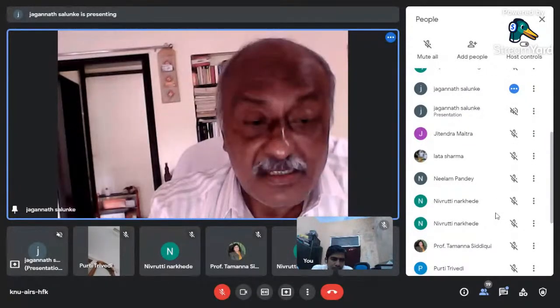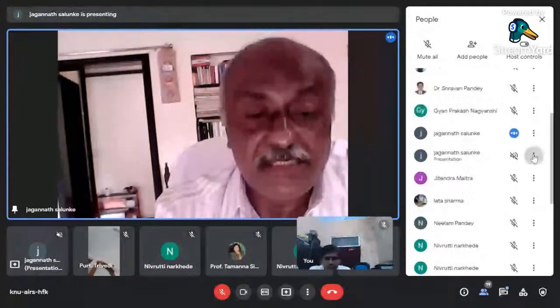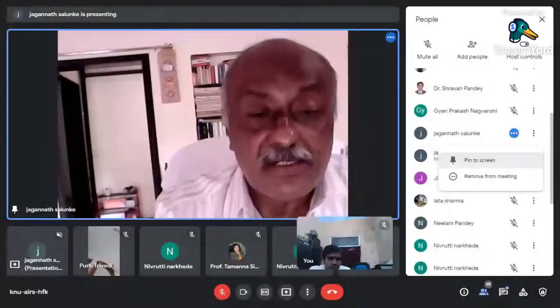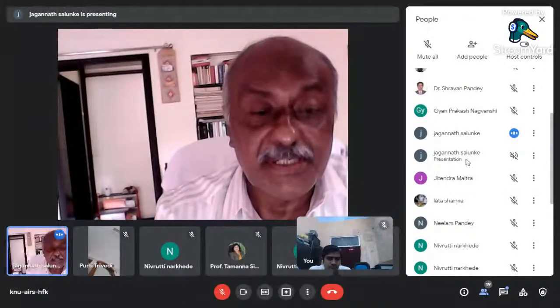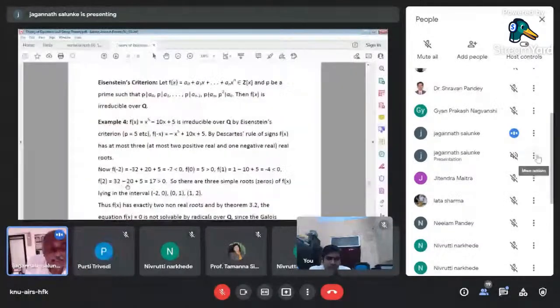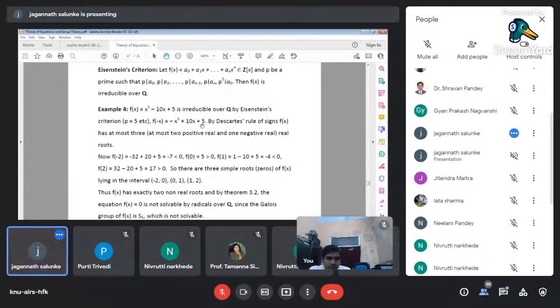Now, by Descartes' rule of signs, this has at most one negative root and at most two positive roots, meaning at most 3 real roots. Actually, by calculation using the intermediate value theorem, we see that the negative root lies in this interval and the two positive roots lie in this interval, and there is no zero root.